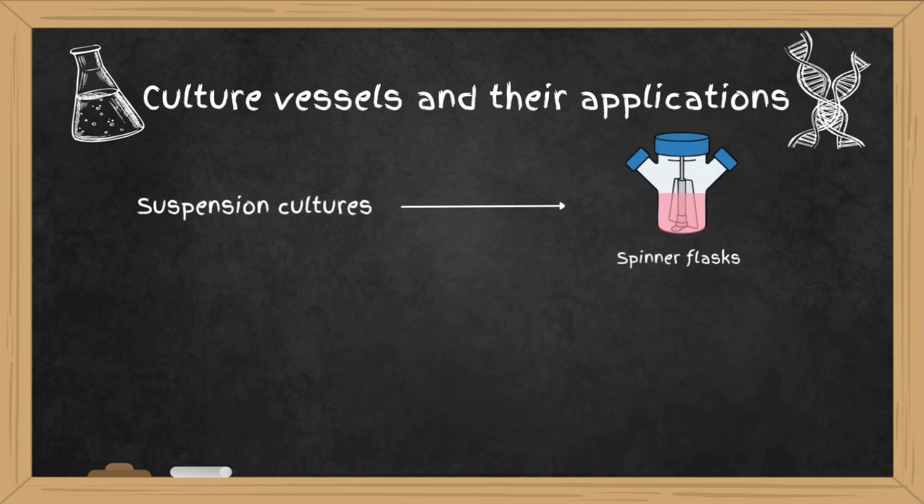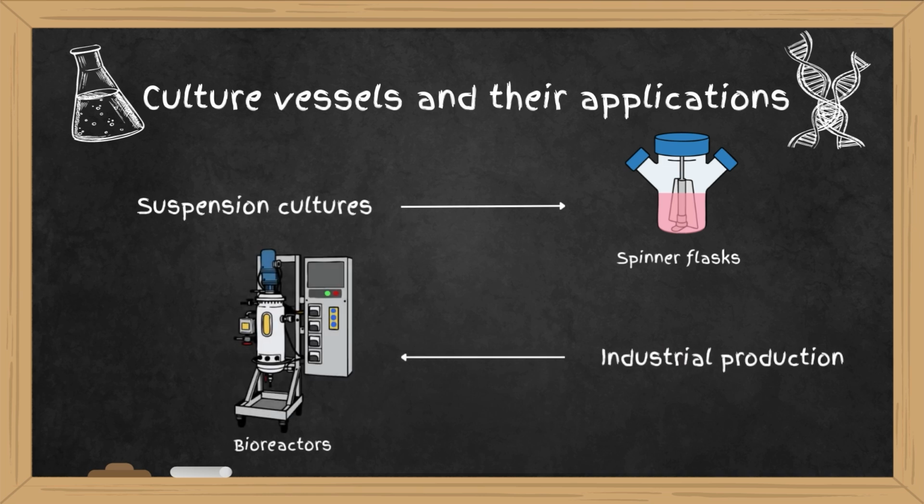Suspension cultures benefit from spinner flasks, which provide continuous agitation to enhance cell proliferation. For large-scale industrial production, bioreactors are the preferred choice, offering precise environmental control for cell expansion and protein expression.